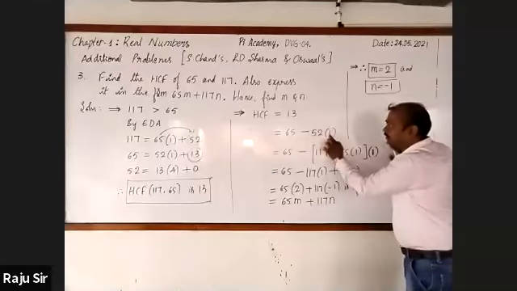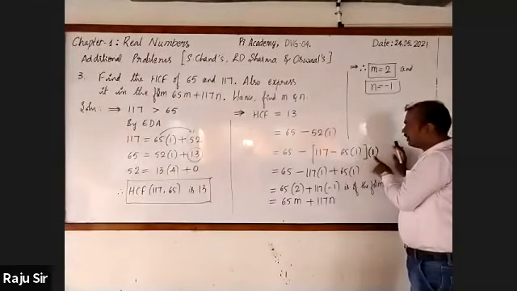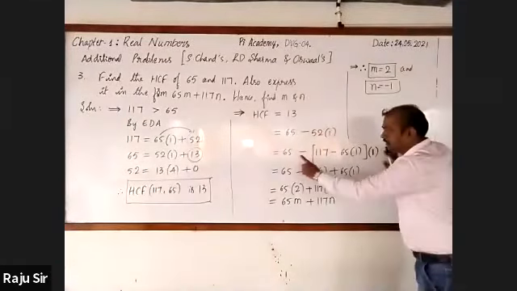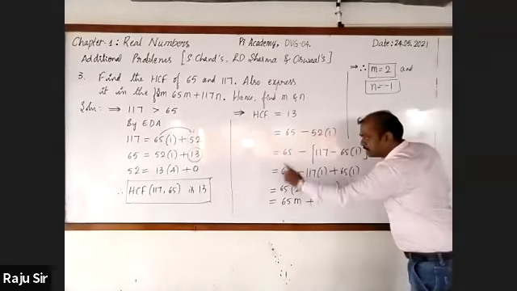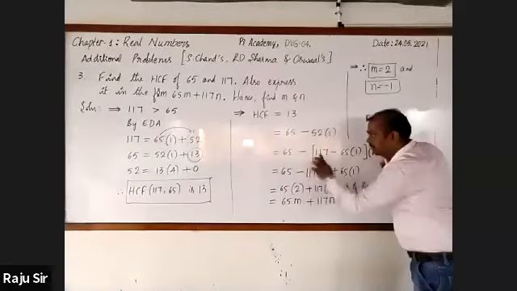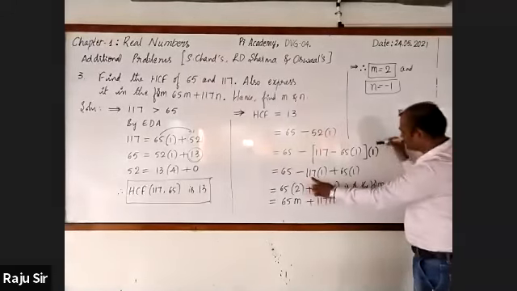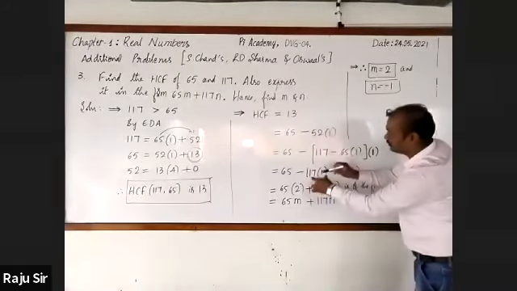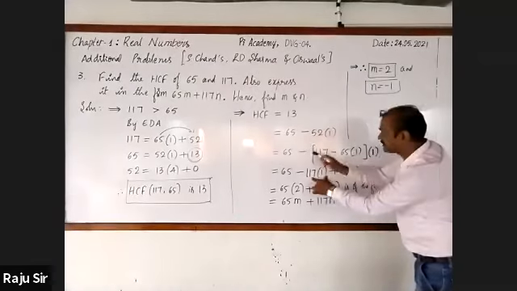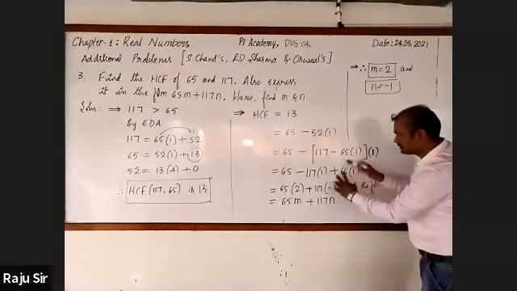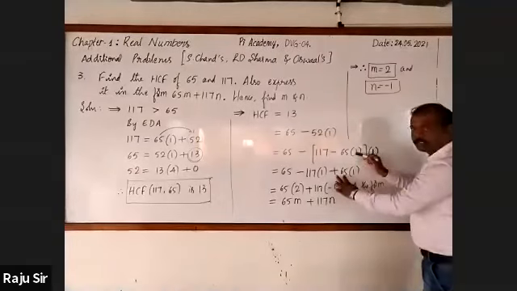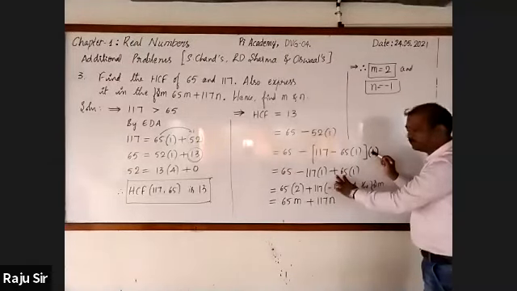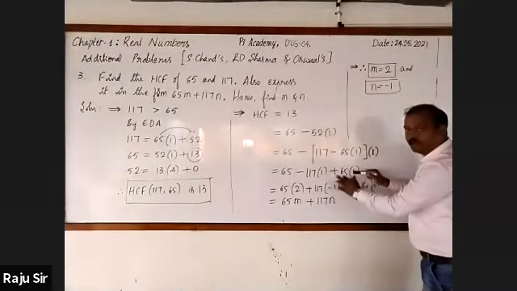And the one time is written outside the bracket. Then in the next step, 65 as it is, minus 170 as it is. But don't forget to multiply this. Minus into minus is plus 65, one time outside the bracket.